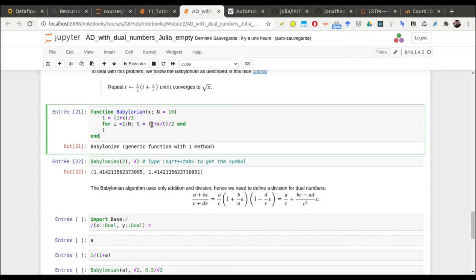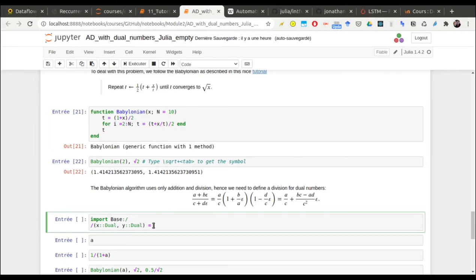So what is missing in my rules is that this Babylonian function is just adding and dividing. The problem is I did not define what the division of two dual numbers is. So here is the formula for the division of two dual numbers.